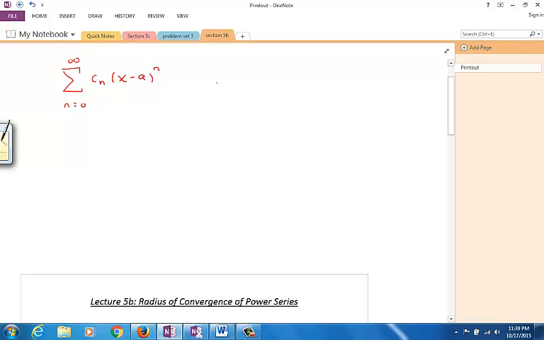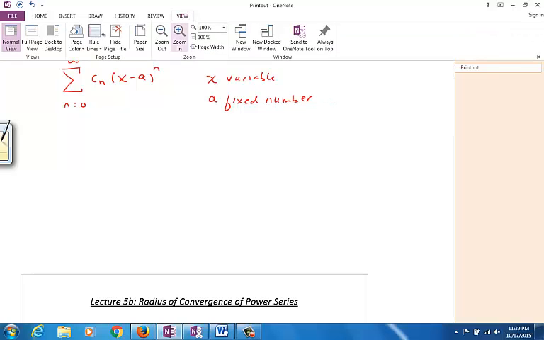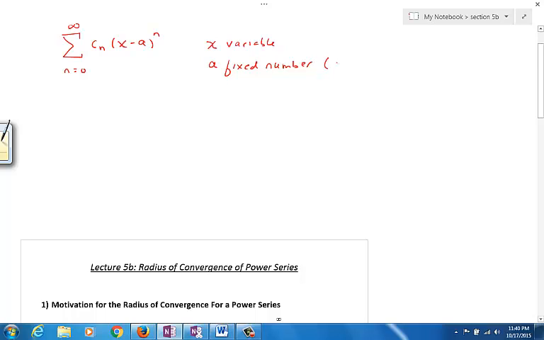Where we think of x as being a variable, a as being a fixed number that we call the center of the power series, and the coefficients Cn are also going to be real constants. So this is just again a fixed real sequence.